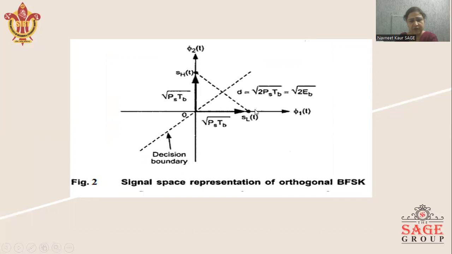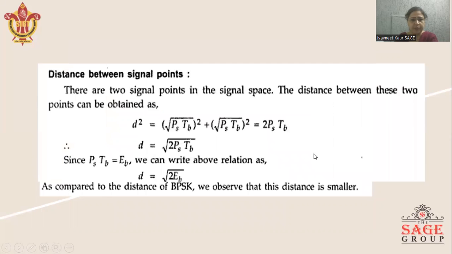Now, if I want to find out the distance between these two signals, I will use the Pythagoras theorem. According to the Pythagoras theorem, this distance will be root 2 PS TB, and PS into TB is given by EB, which is the energy of 1 bit. So this distance will be root 2 EB. Now, here we can see the calculated distance is root 2 EB, which is given by the Pythagoras theorem.